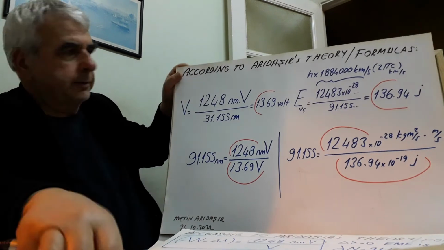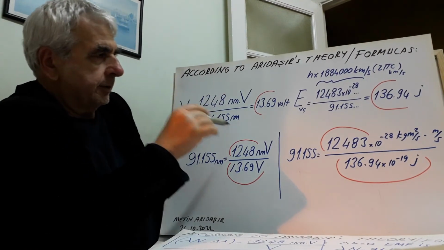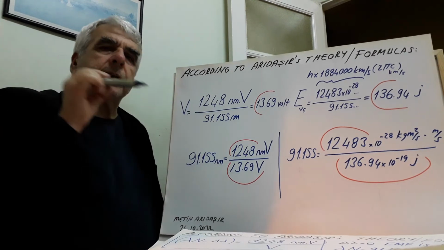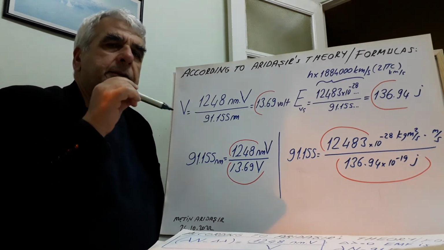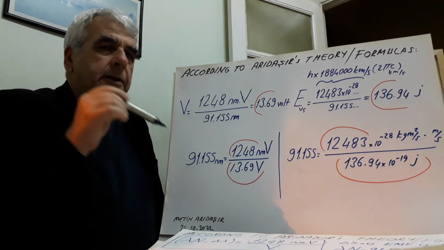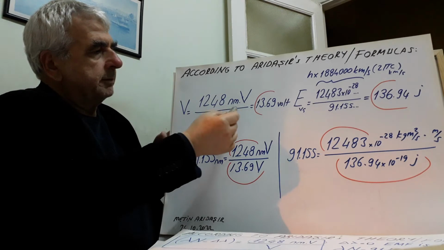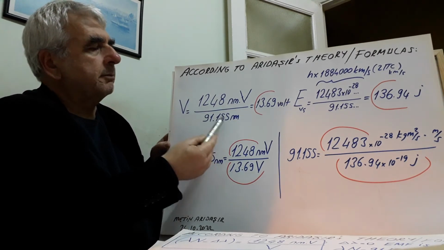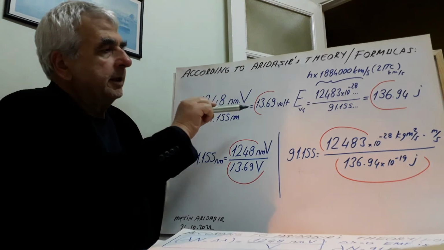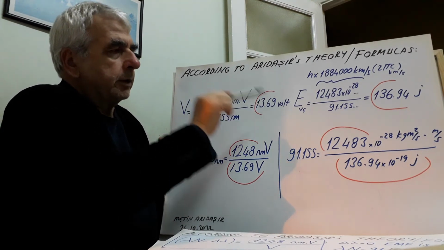And here, for voltage accelerating by electric potential, accelerating the electron, this was my formula, and for the 91.155 nanometer at rest electron, this is the result, 13.69 volt.